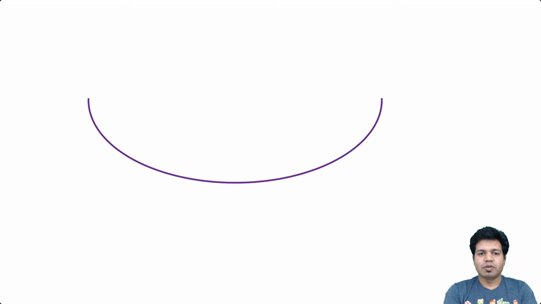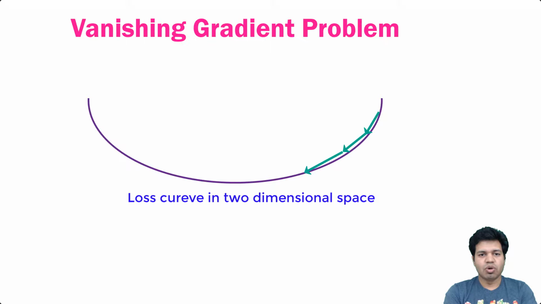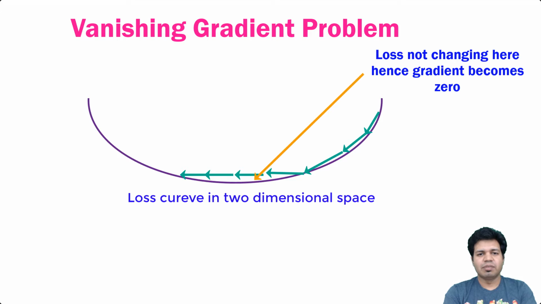We start off with some initial value of the error, and instead of descending down the slope of our loss curve, we simply hang around the same position. So the loss doesn't get changed, and gradient becomes zero or stops changing or updating.